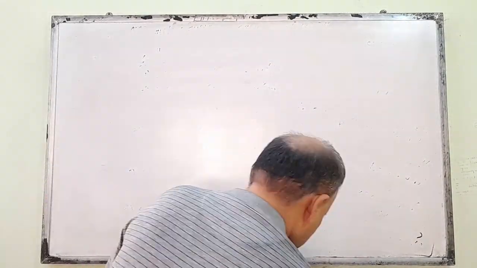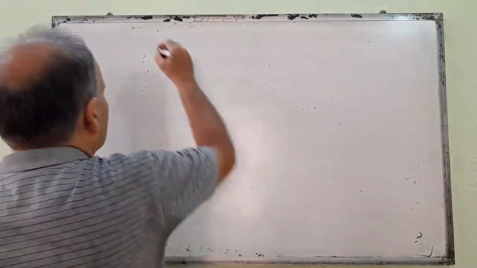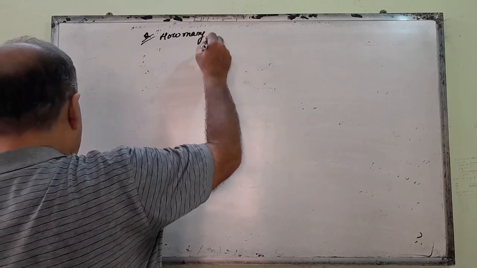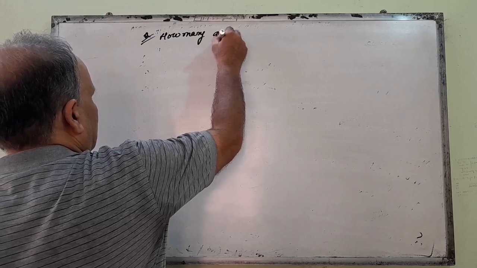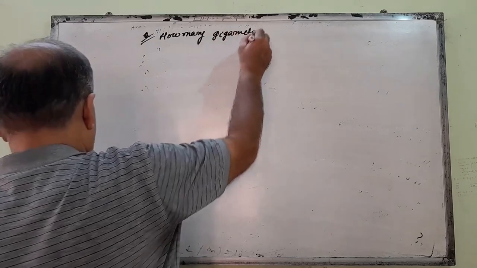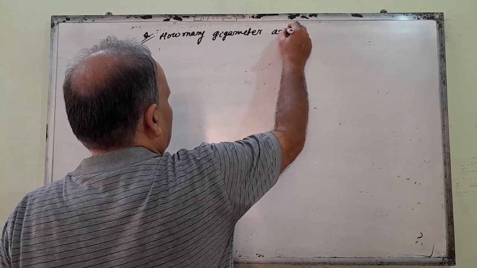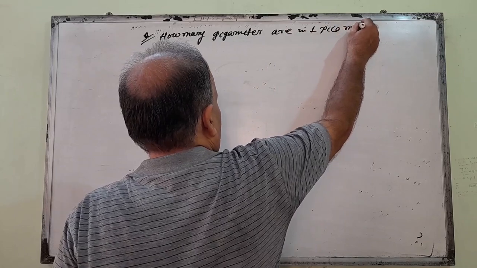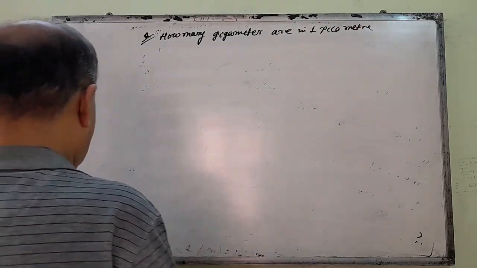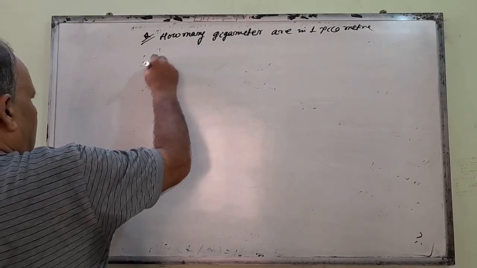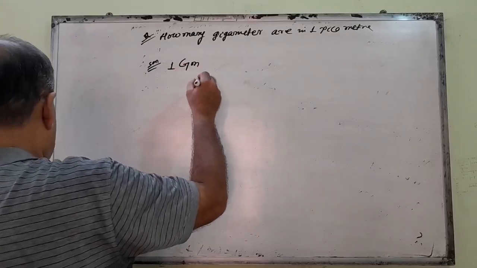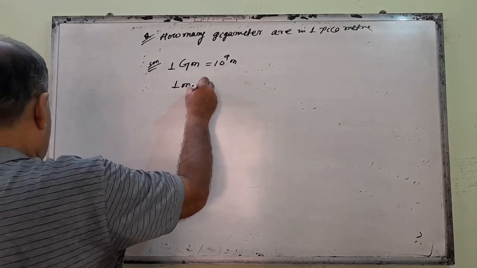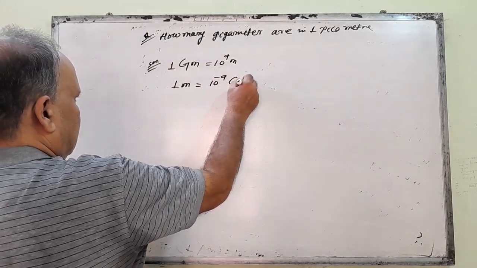You see, how many gigameter? Question will come like this. How many gigameter are in 1 picometer? Your solution: 1 gigameter, capital G, 10 to the power 9 meter, so 1 meter is equal to 10 to the power minus 9 gigameter.